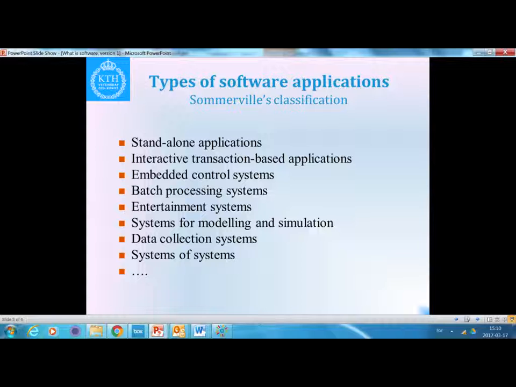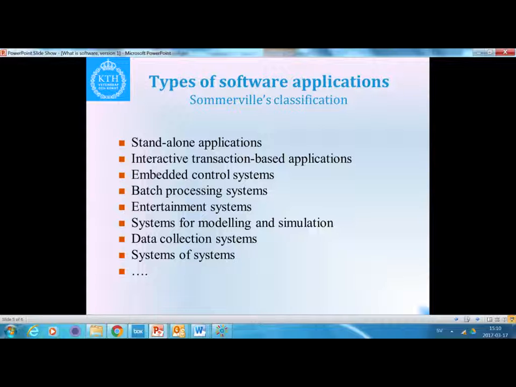We have batch processing systems executing a series of jobs without manual intervention. For instance, credit companies process billing and the customer, as you know, does not receive bills for each purchase, but he gets one monthly bill for all the purchases, and this is typical for batch processing systems.